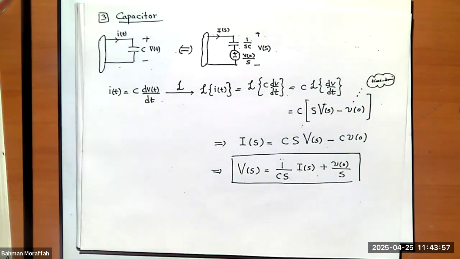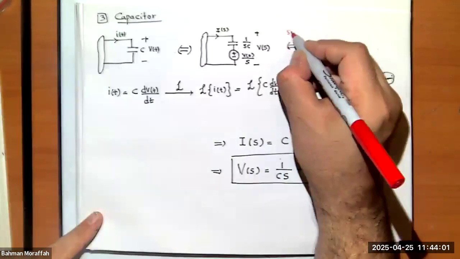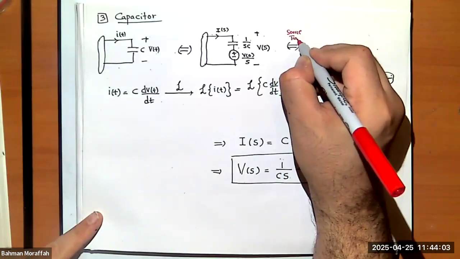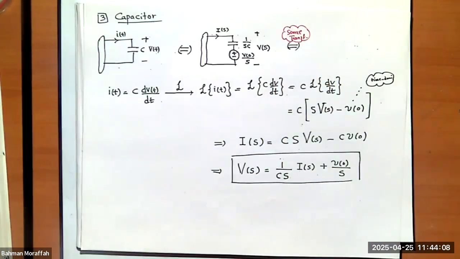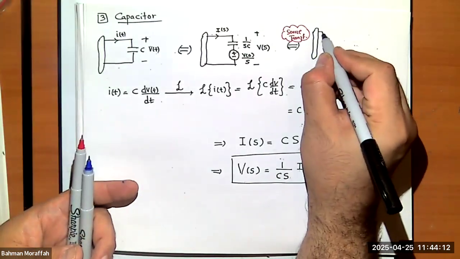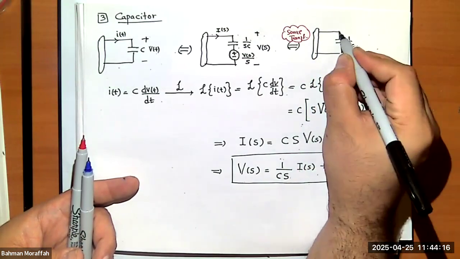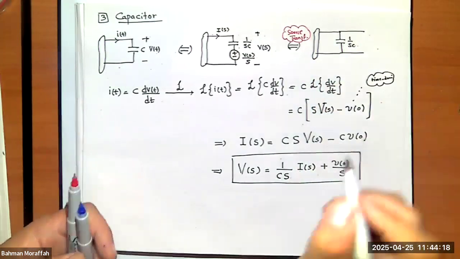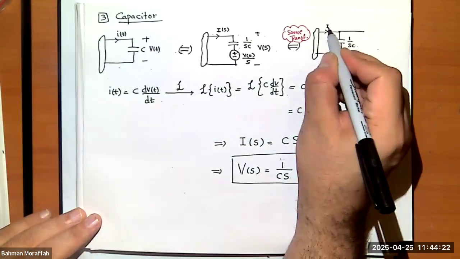Right? Again, I can do source transformation. Like this, as 1 over sC followed by a current source. What is the direction of the current source here?